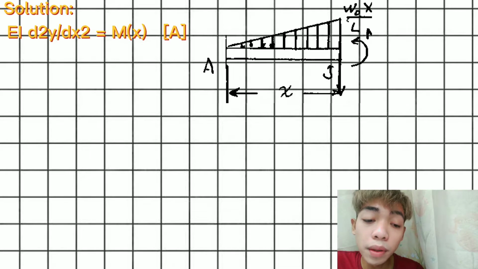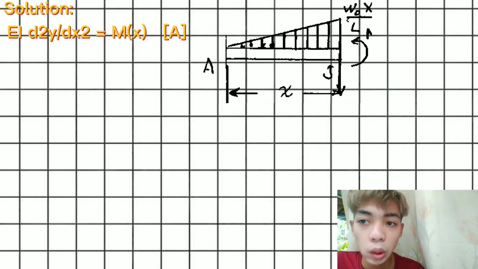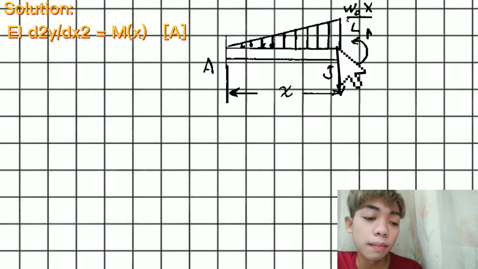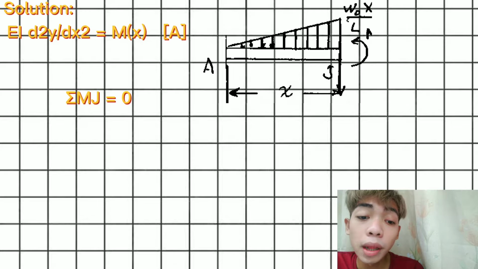If you cut the beam, there will be a shear force here, and there will be a bending reaction or the bending moment. Let this point be J. Next we will find the equation of moment for this beam. The sum of all moments about point J is equal to 0.